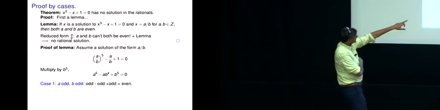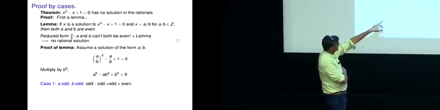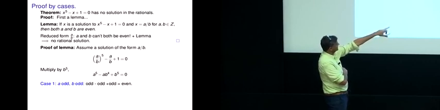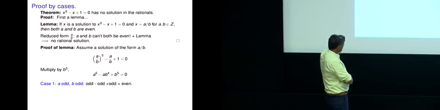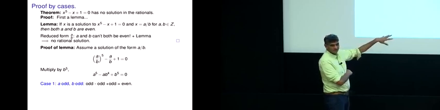First, both odd. We have a to the fifth, which is odd, since there are no factors of 2. Then a times b to the fourth is odd, and b to the fifth is odd. So you get odd minus odd plus odd equal to even, since 0 is even. Is that possible?